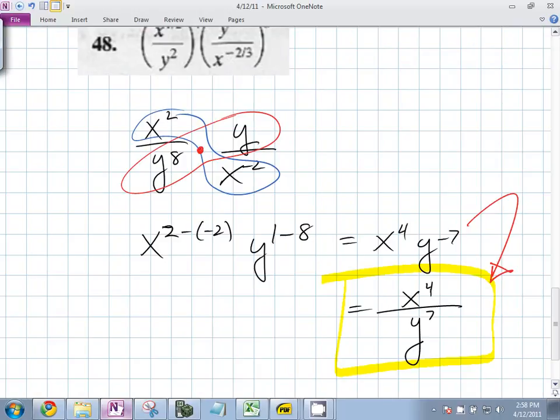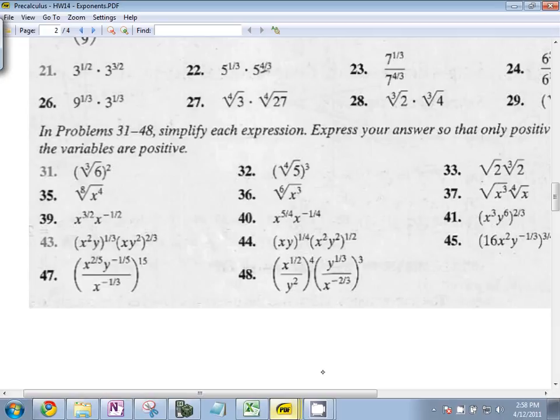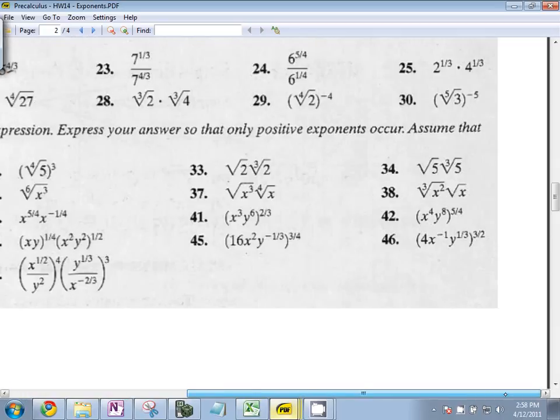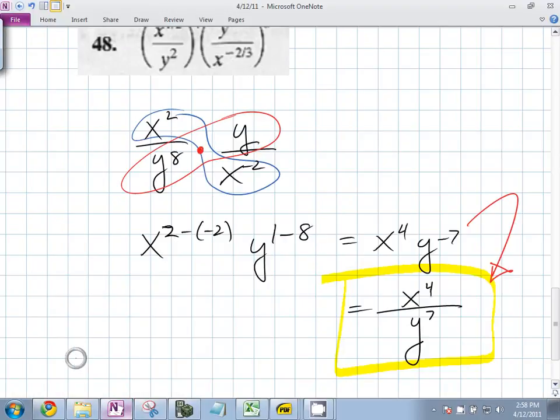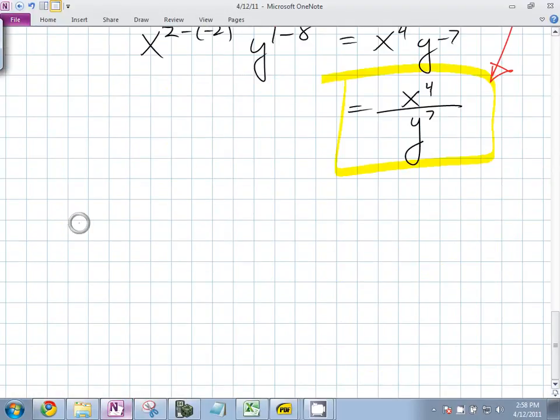Yes. Can we do 25? Because I don't get how to do it in the base. Well, on 25, the bases are the same. What do you see? You see 2. What is 4? 2 squared. So just turn 4 into 2 squared and you're home free. Actually, I'll do this in 2 different ways. The first way is 2 to the 1/3 times 2 squared to the 1/3.